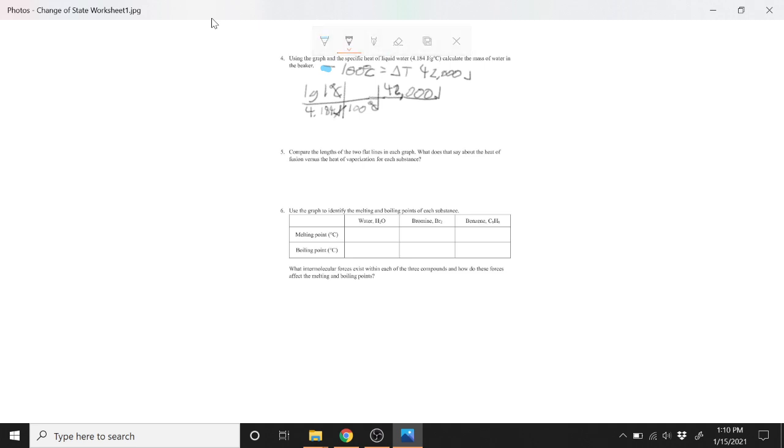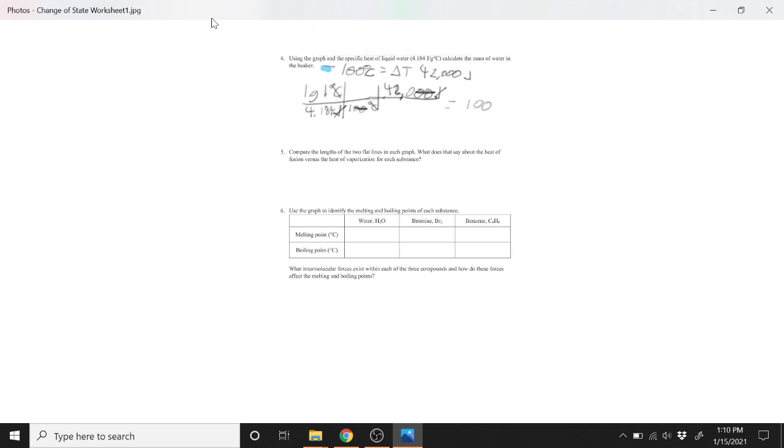Joules cancels joules. And so I usually don't multiply or do anything until I go ahead and simplify. For example, I'm dividing by 100 here, and I'm multiplying by 42,000 here. And so 2 of these zeros can be canceled out like so, leaving me with 420 divided by 4.184, which ultimately ends up like 100.